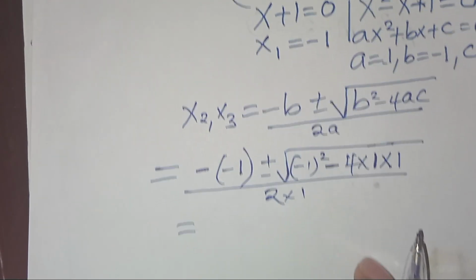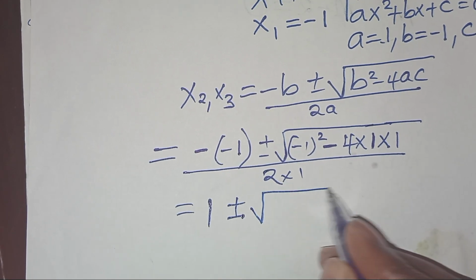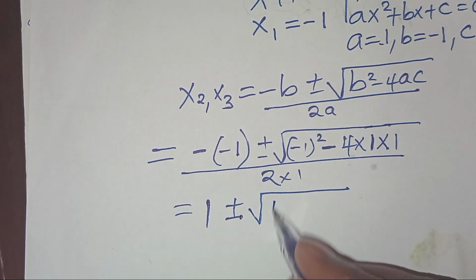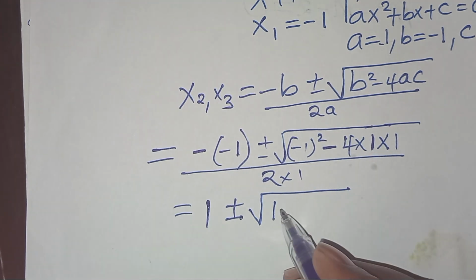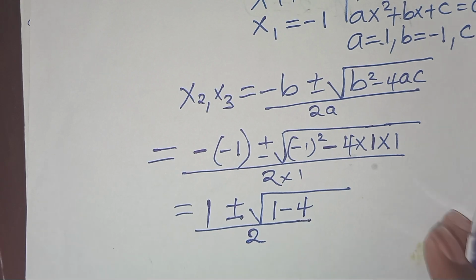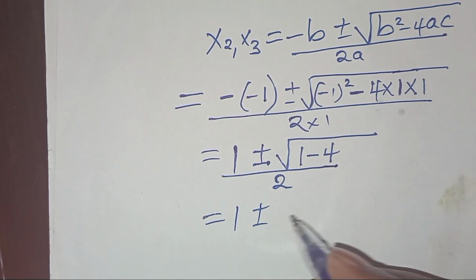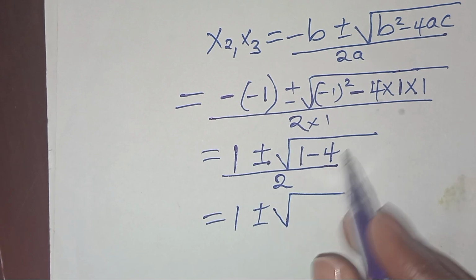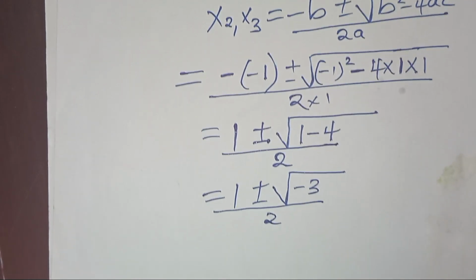So here we'll have 1 plus or minus the square root of negative 1 squared, this is 1. Then we have minus 4 times 1, this is negative 4, divided by 2. So here we'll have 1 plus or minus the square root of 1 minus 4, this is minus 3, divided by 2.